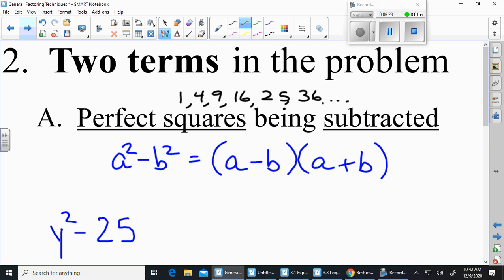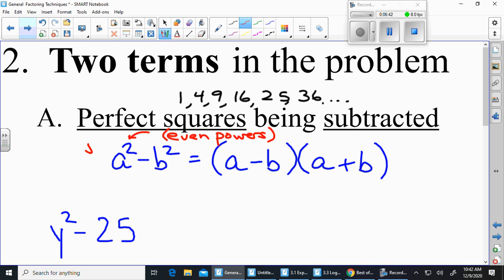You can have any even powers. Okay, so it doesn't have to be x squared. It could be x to the 4th, x to the 6th, x to the 12th, x to the 100.